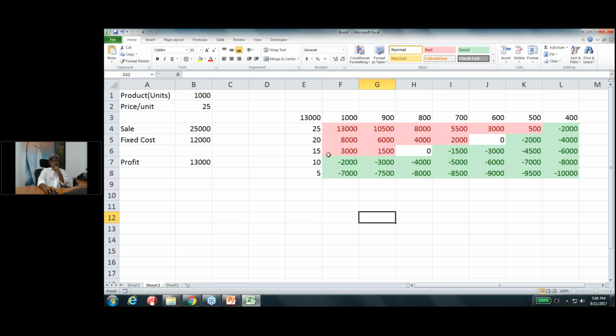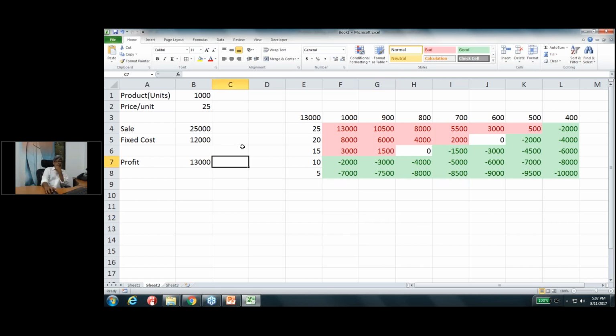So at the rate of 15 per unit, if you sold this much, you will get 3,000, and if you sold this much, you will get 1,500,000. So data table is a feature that will help you out in decision making, on what should be the course of action that you will be making, right?